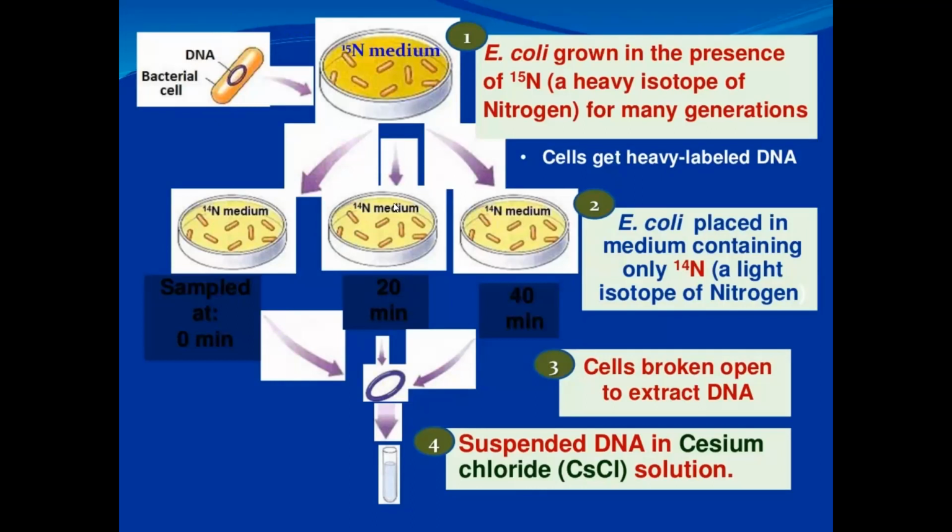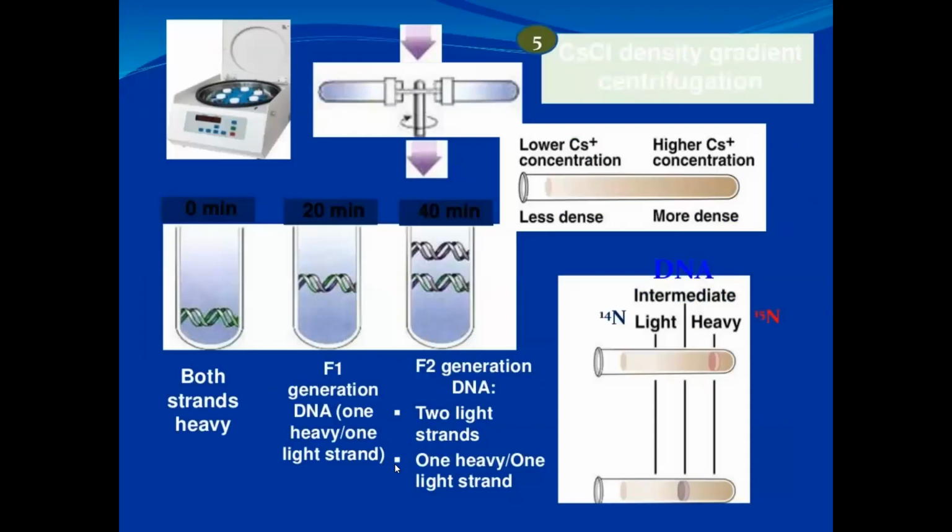So what is happening then? The cells were broken up to extract the DNA, and the DNA was suspended in cesium chloride, because it is a density matter, where in the density gradient centrifuge you can see the lower cesium concentration and the high cesium concentration.